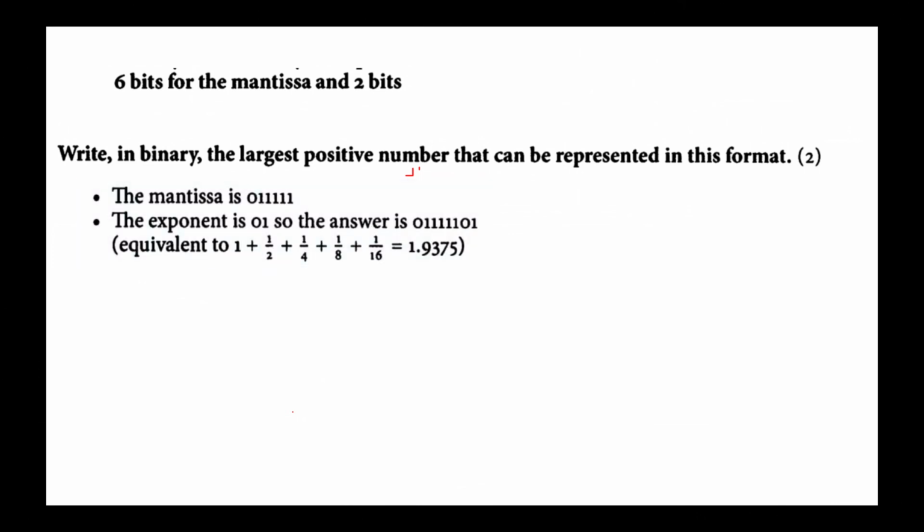So mantissa is 0.11111, so loads of ones, so that it can be 1 plus a half, which gets you that. And then the actual exponent is 1. It's just literally 1, since it's only 2 bits. So now let's move on to the next set of questions.